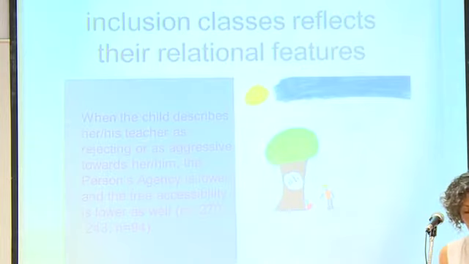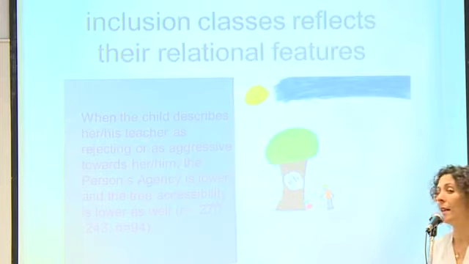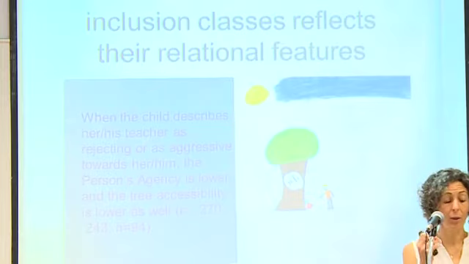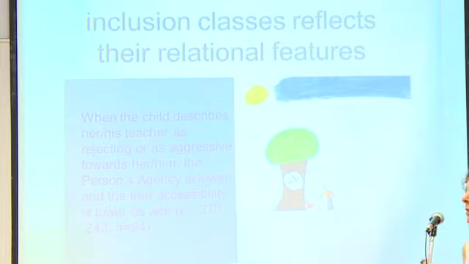When the child describes her or his teacher as rejecting or as aggressive toward her or him, the person's agency in the drawing is lower, and the tree accessibility is lower as well. This is really interesting. It may help us to understand something about these children's experience and to address it in treatment if necessary.